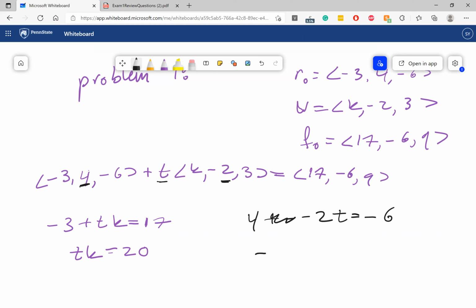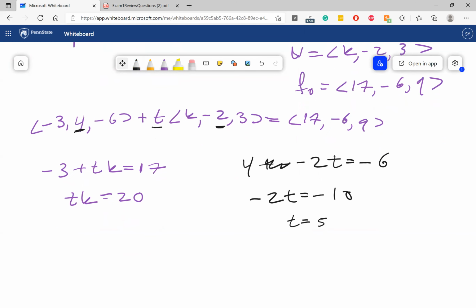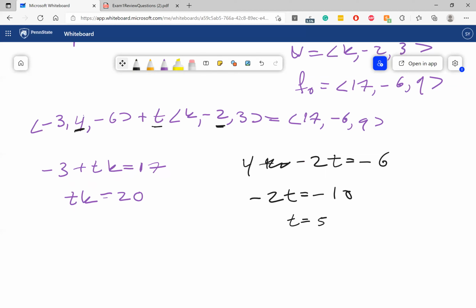So that gives us -2t is equal to -10, where t is equal to 5. Now, once we know what t is, we go back to this equation and we get k is equal to 4. And that's the solution of this problem.